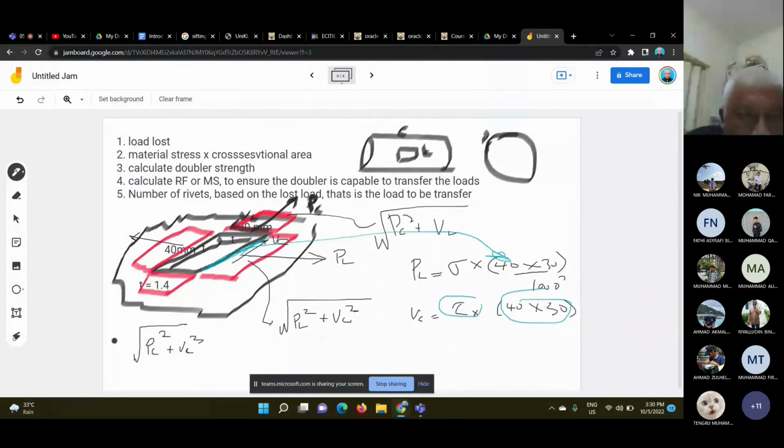So we get this force here, that is the load loss. Similarly, what will be the area?